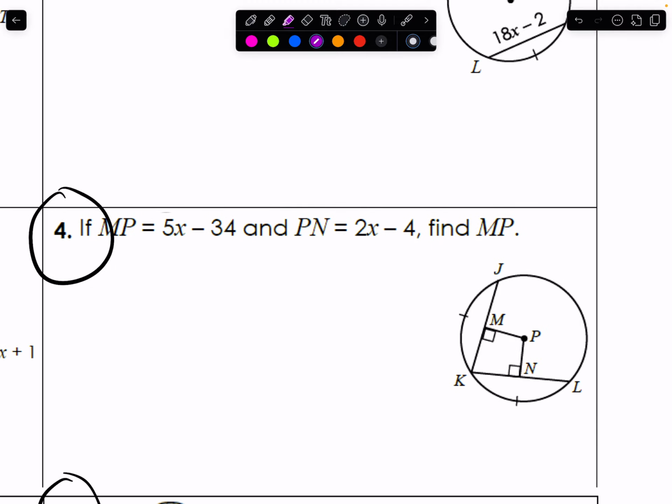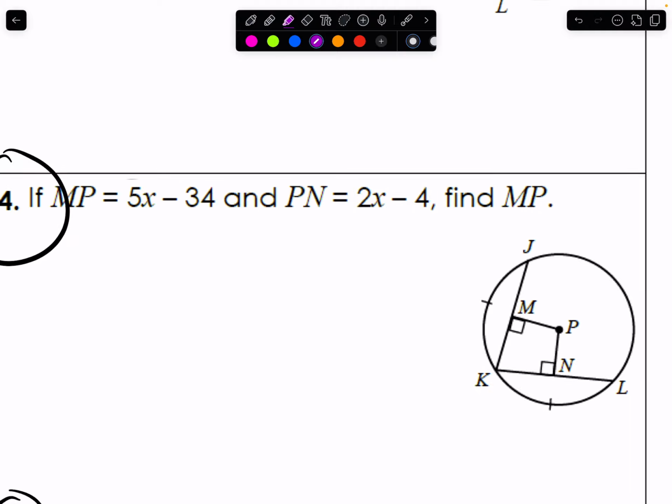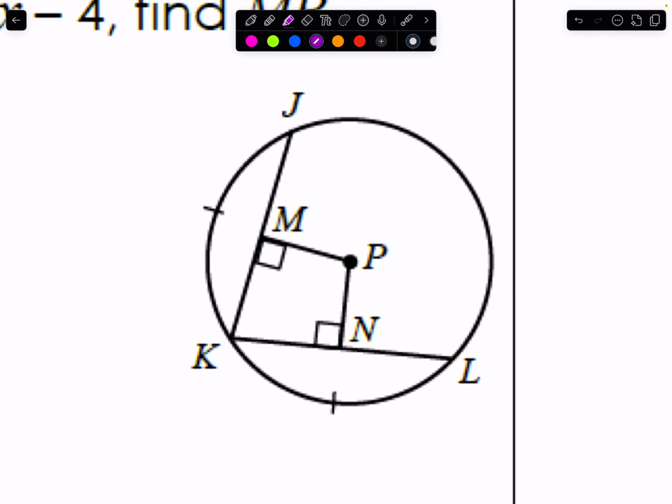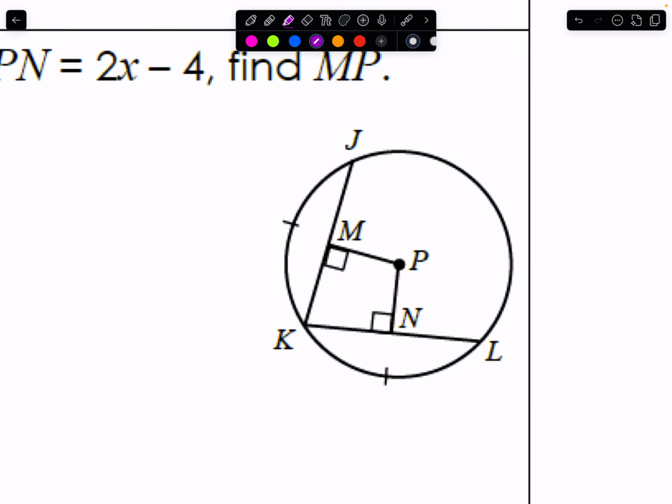For number 4, I have MP is equal to 5x minus 34, PN is equal to 2x minus 4. Find MP. It looks super confusing, but you just need to go one at a time.